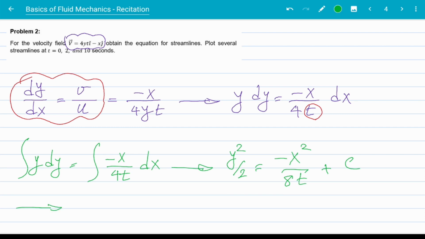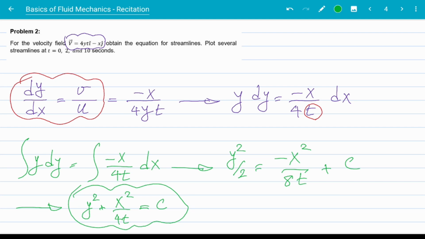Playing with this equation a little more gives me y squared plus x squared over 4t is equal to c. Now this is the streamline equation that governs this flow field.